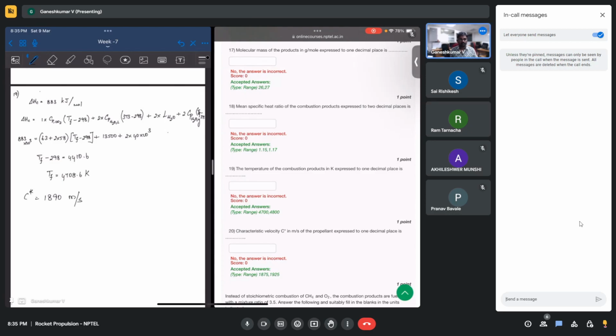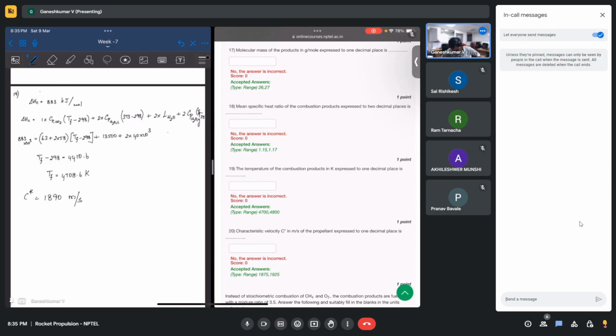So were you still able to get only 4700 Kelvin or 3900 Kelvin? I've not done the calculations. Okay, sure. Please do it and let me know. So probably, I think, they might have miscalculated a little bit, but still the temperature lies in the range of accepted answers.